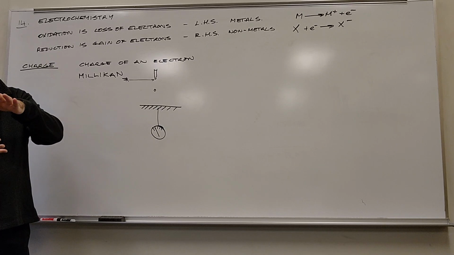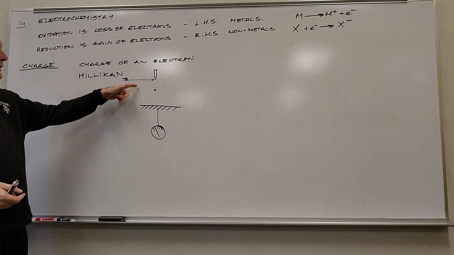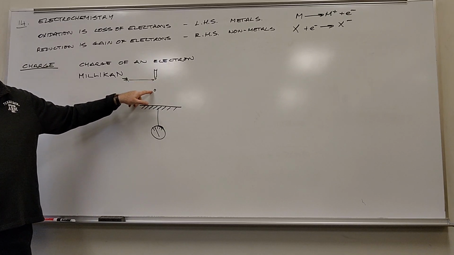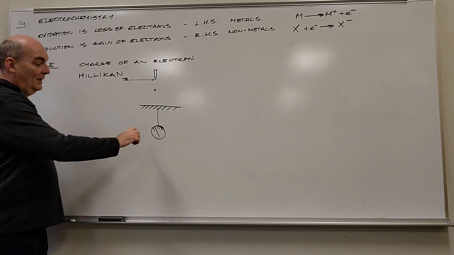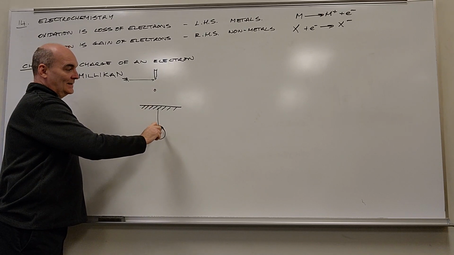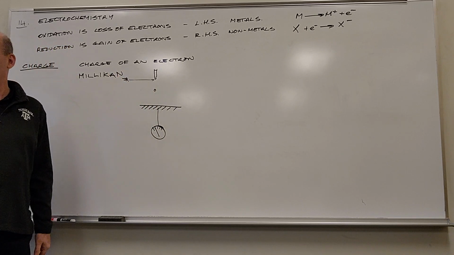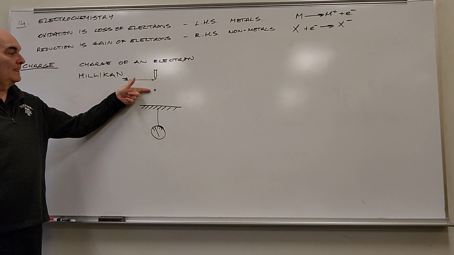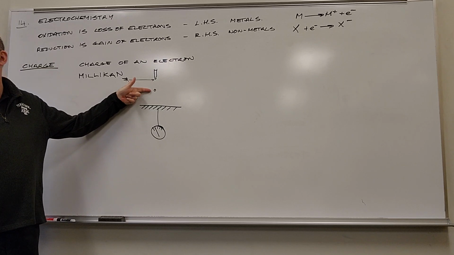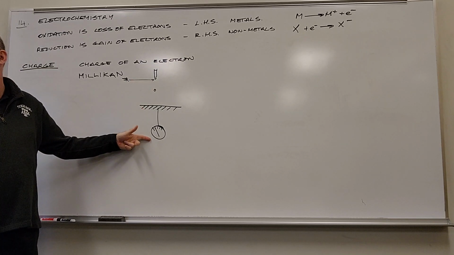So like charges repel, opposite charges attract. So if we've dislodged an electron and make that be positive now, I would put a positive charge here. And you just turn the handle until the oil drop that has dropped from the pipette is suspended in space. That's the charge of the electron.